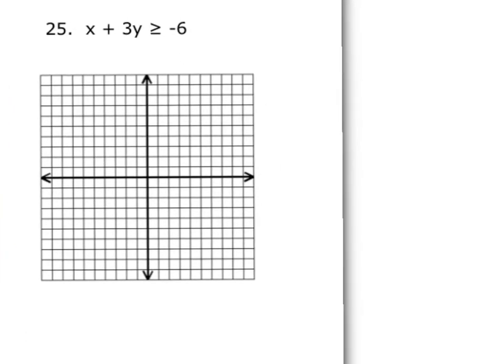This is not in slope-intercept form, so we have to put it into slope-intercept form in order to graph the line. So I will move the x to the other side. And I will divide by 3.